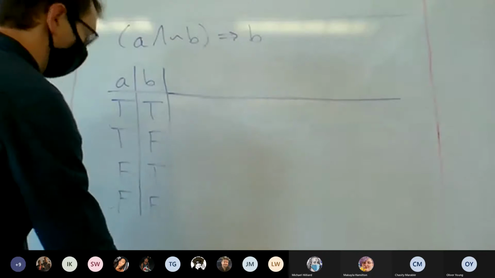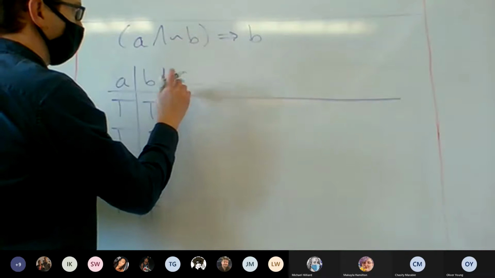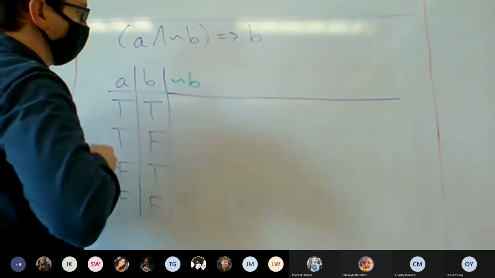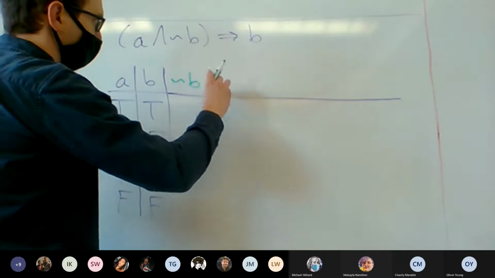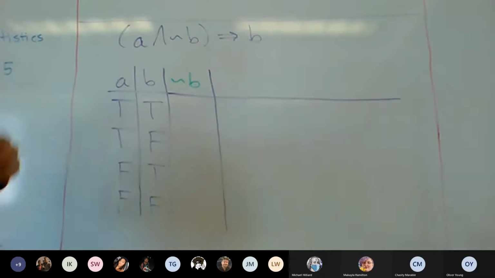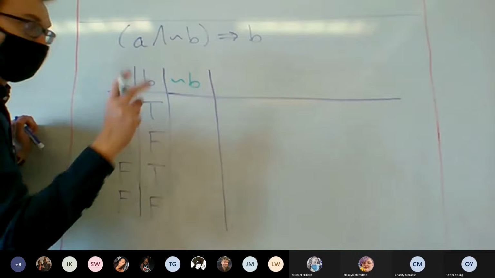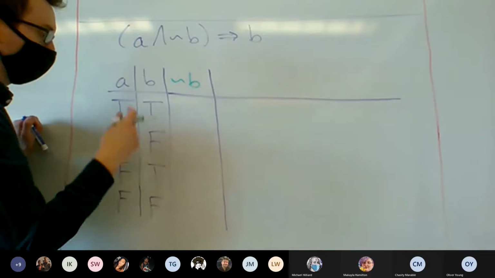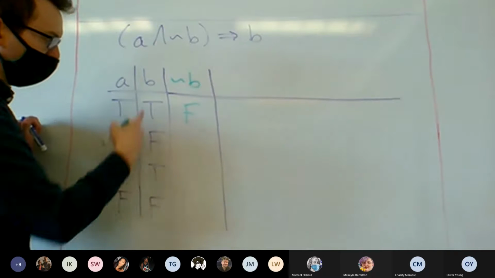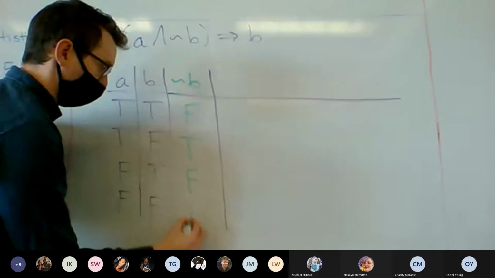So the negation of B needs its own column, but don't be worried about it, because all you do to negate a variable or a simple statement is flip its truth values. That's what a logical opposite is. A negation just means if it's true, it should be false. So you literally just flip the B column: false, true, false, true.